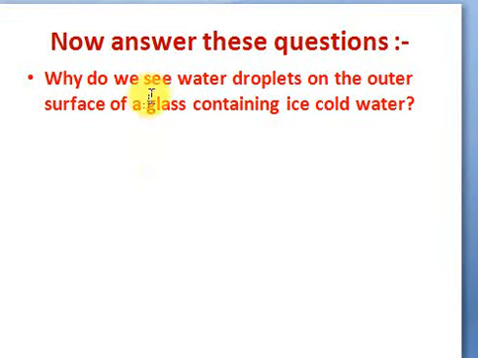Next question, why do we see water droplets on the outer surface of a glass containing ice cold water? If you take a beaker and place some ice cold water in it, the outer surface of the beaker is in direct contact with the atmosphere. As you know, atmospheric air contains some water vapor.